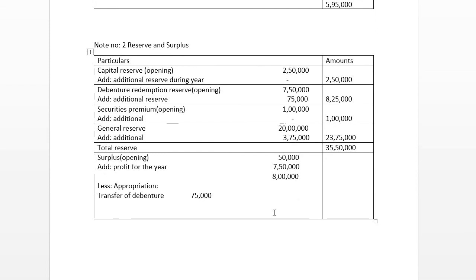Suppose any transfer of redemption reserve is available, that is 3,75,000. Assume that.